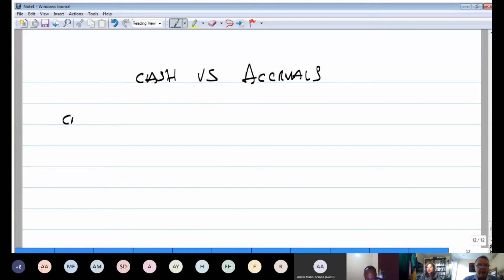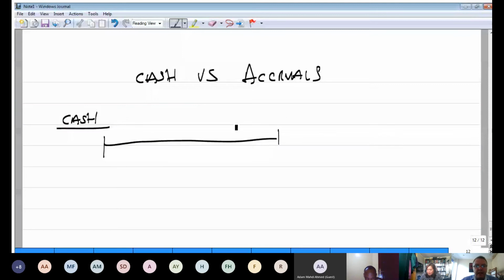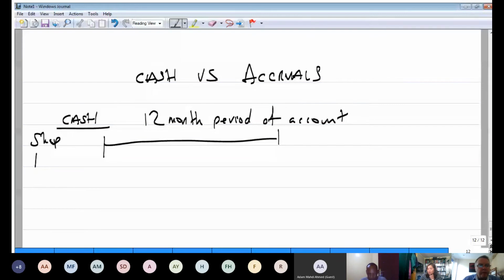So let's start with cash first of all, and this is what we said earlier on. So every organization has a 12-month period of account. So imagine then that you are, like we said, the shopkeeper and you sell fruit and vegetables.